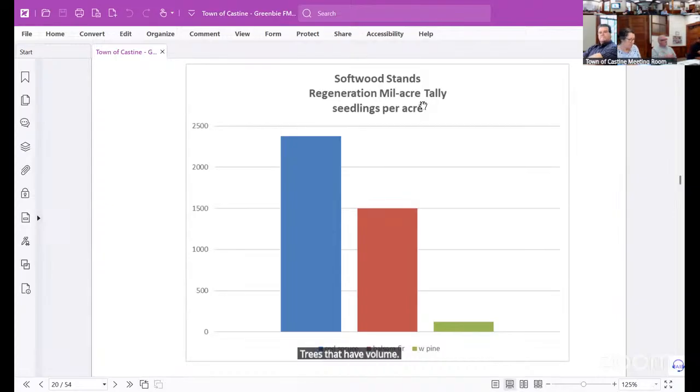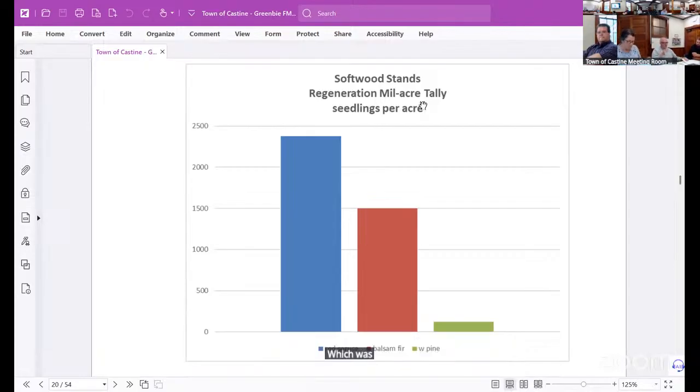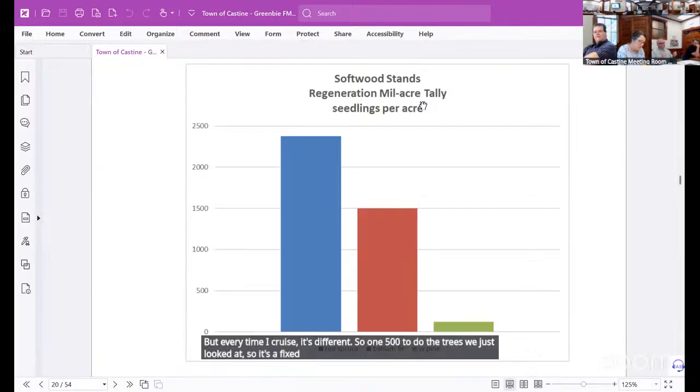Then at the plot center, we did a fixed radius small plot, 1/500 acre, for the trees we just looked at. If they don't have the diameter, they don't get counted.